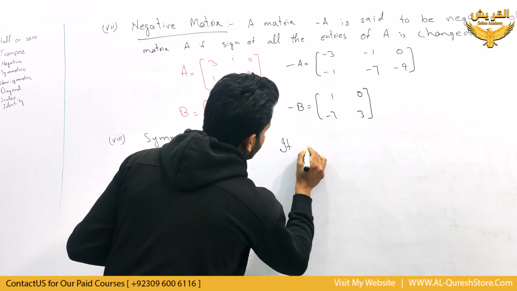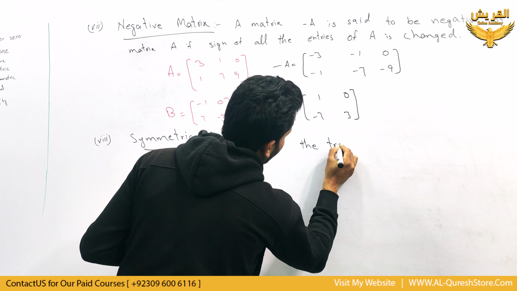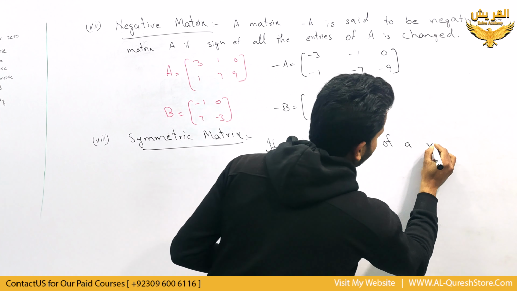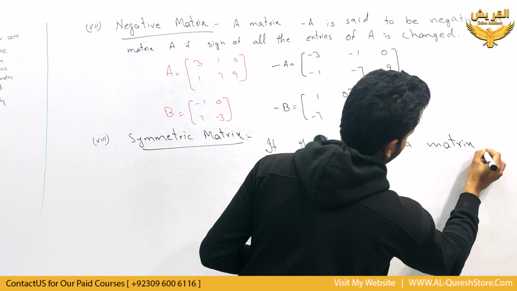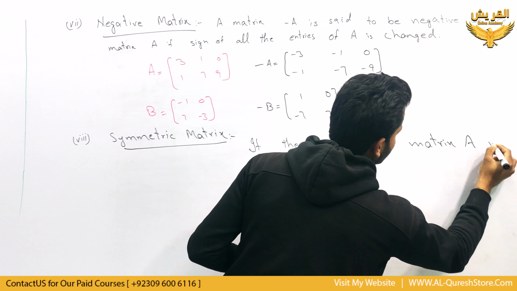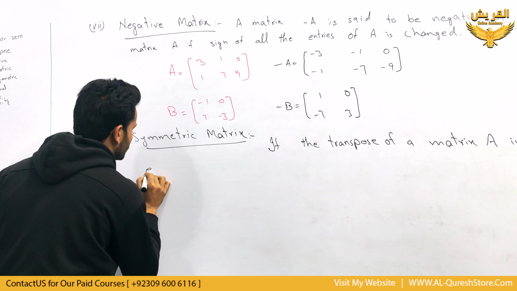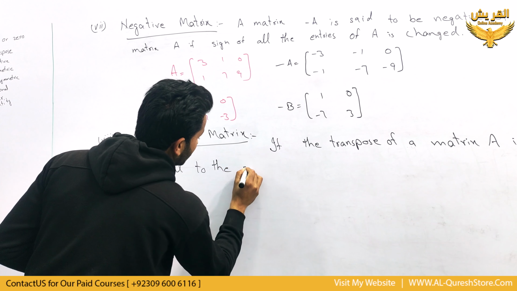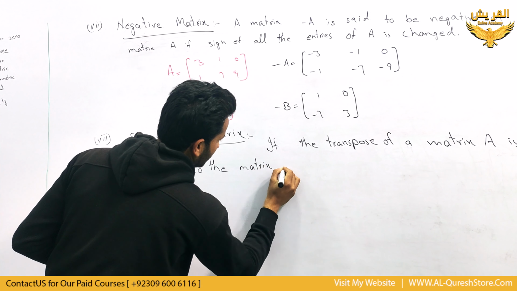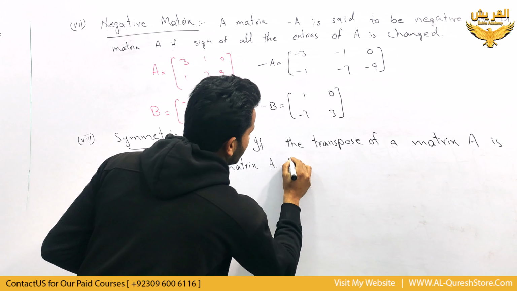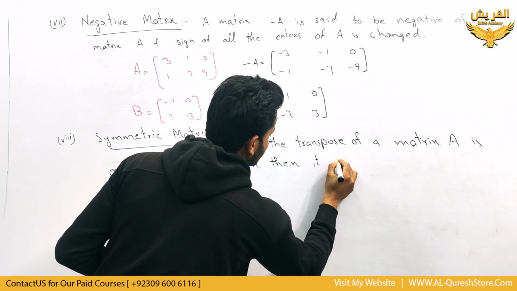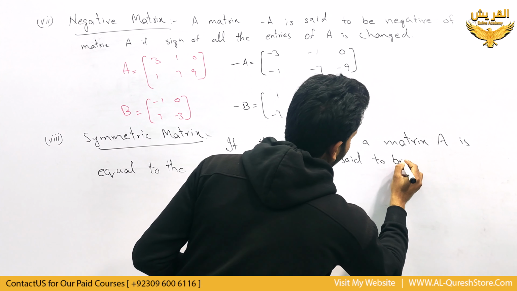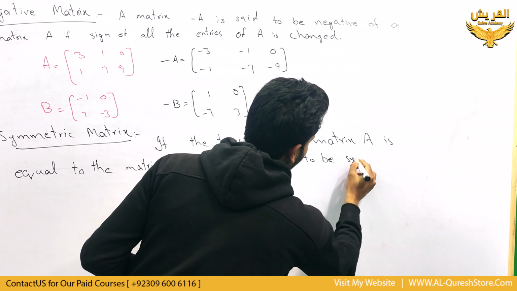If the transpose of a matrix A is equal to the matrix A, then it is said to be a symmetric matrix.